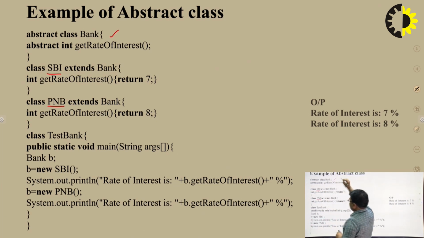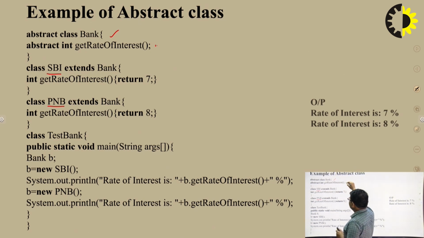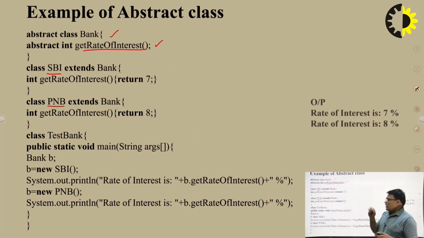Bank is an abstract class with the help of the abstract keyword, and it has one abstract method with return type int, getRateOfInterest. It is the responsibility of the derived class that extends it to provide the body of that method, the implementation of getRateOfInterest.